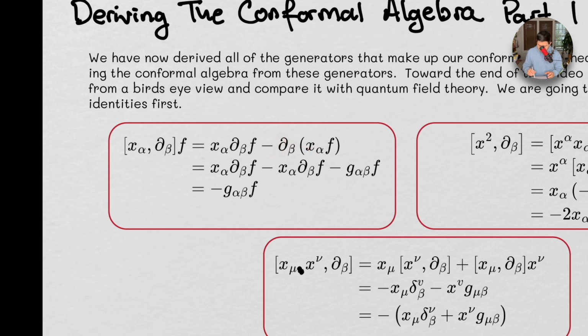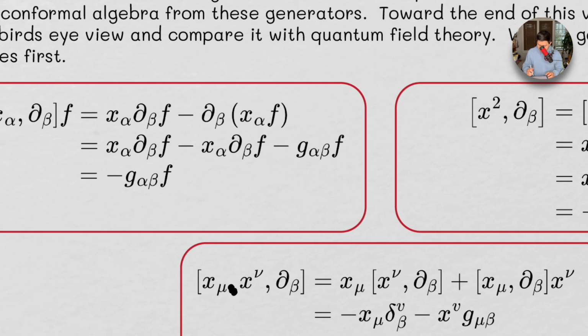When we take the derivative of this guy right here, this is the product rule, right? This is the derivative of f times x, and then the derivative of x alpha. And we established this in an earlier video, how del beta x alpha is going to be our metric. The reason for this is because when alpha and beta are the same, we're going to get some result out of this del beta x alpha.